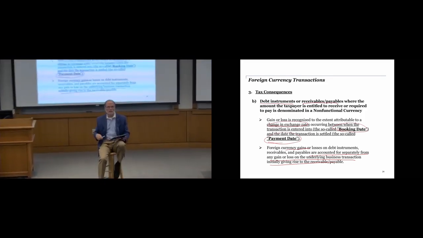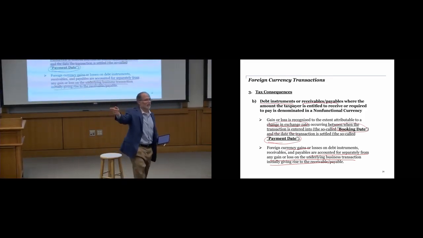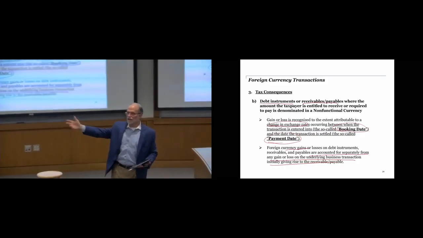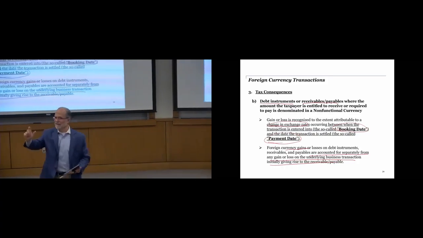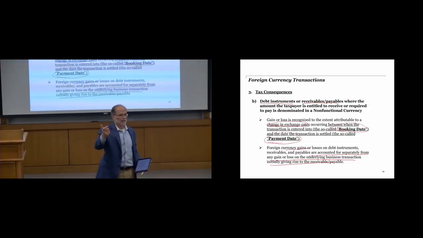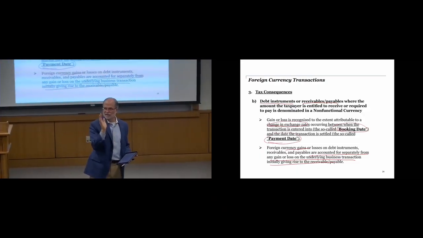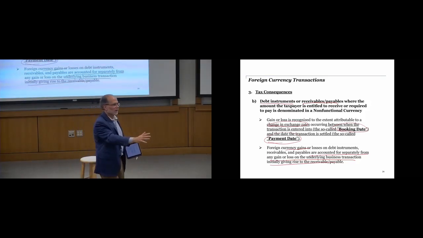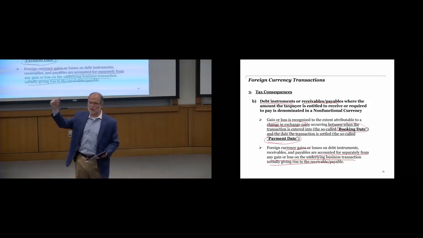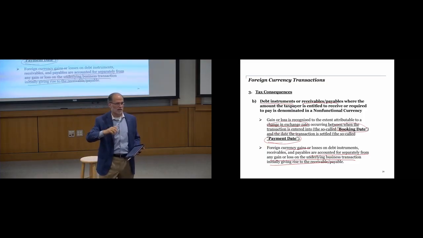Right? If I sell inventory and I record a receivable from the customer, that's a taxable transaction, right? So that happens if I'm doing a purely domestic transaction in U.S. dollars, or if I'm doing a sale to a foreign party and it's denominated in non-U.S. dollars. I still have to record the sale, right?